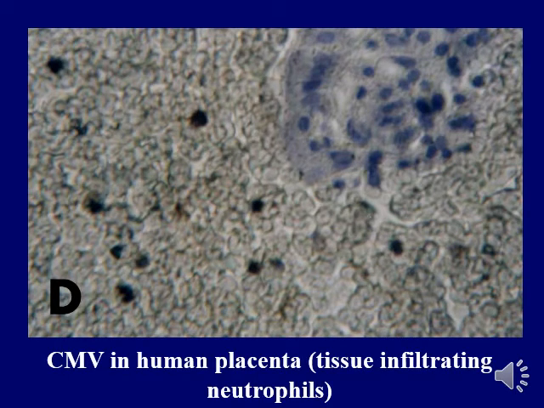CMV in human placenta tissue infiltrating neutrophil كما مؤشر هنا اللي هي تكون dark brown.